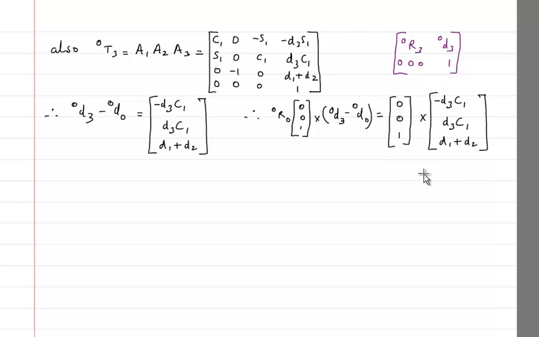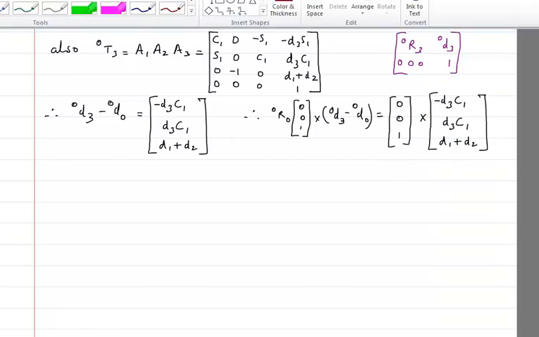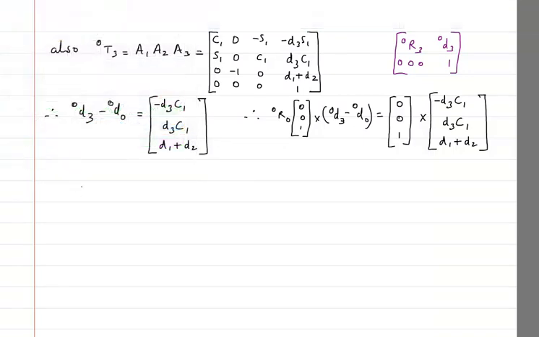So how do we cross multiply? That also I should just show here, otherwise it will be incomplete. Therefore I will have the cross multiplication as, let me directly draw here, equal to i j k, 3 values i j k, and then I am having 0 0 1 and minus d3 c1, minus d3 s1.